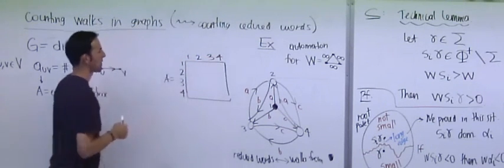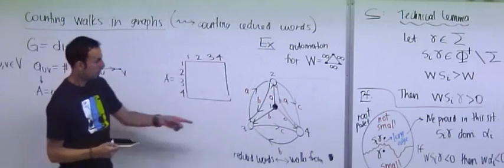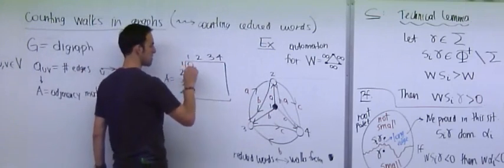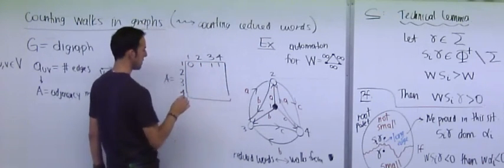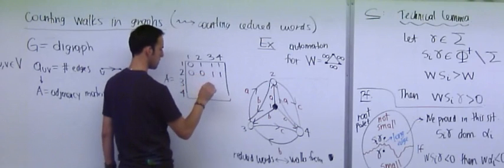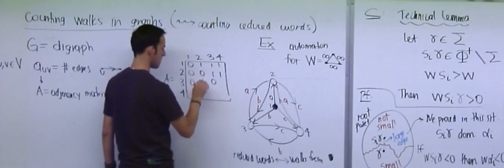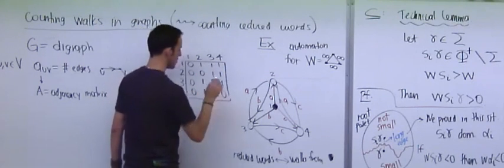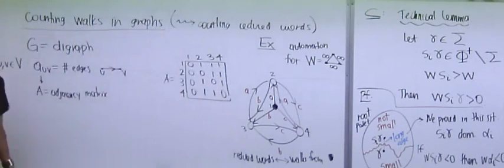And in this 4 by 4 matrix, I say, okay, from 1, I have edges going to 2, 3, and 4. So I get 0, 1, 1, 1. From 2, I have edges going to 3 and 4. From 3 to 2 and 4. From 4 to 2 and 3. So that's what my adjacency matrix looks like.